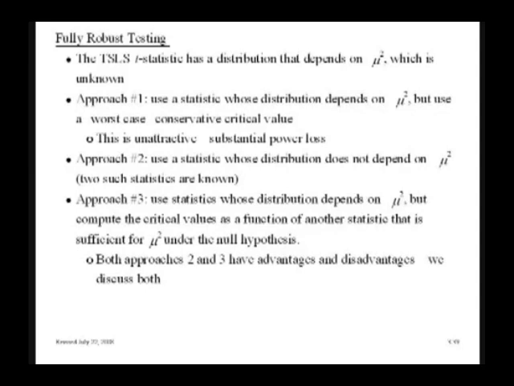All right, so let's just think about two-stage least squares and fully robust testing. So the two-stage least squares t statistic, remember I showed you those plots, those simulations by Nelson and Startz back in 1990. That has a really nasty distribution that we might be able to even see here.